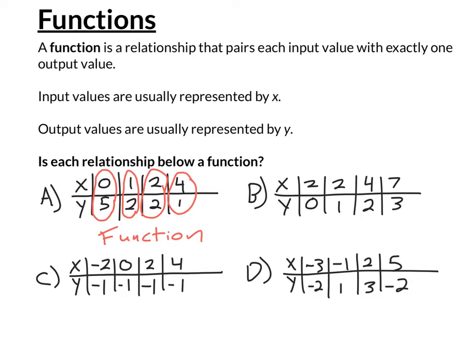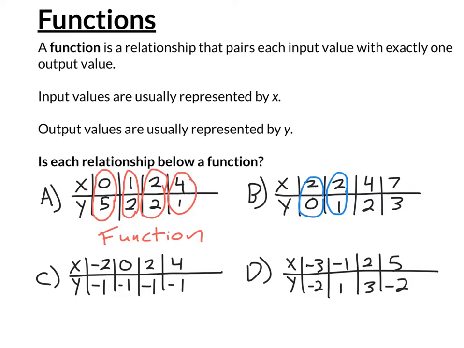Okay? Even though 1 goes to 2 and 2 goes to 2, that's fine, as long as 1 always gives us 2 and 2 also always gives us 2. Still a function.